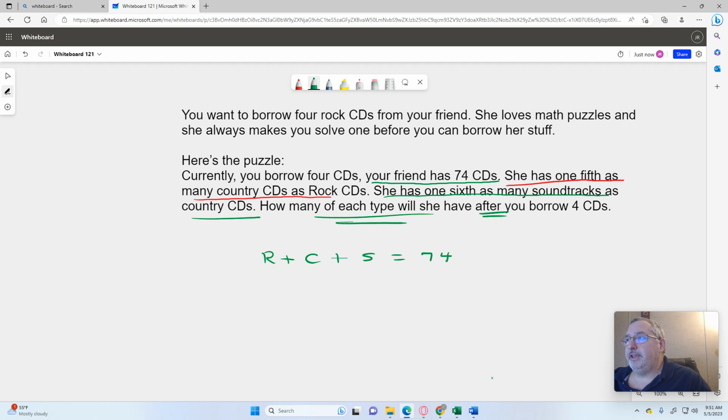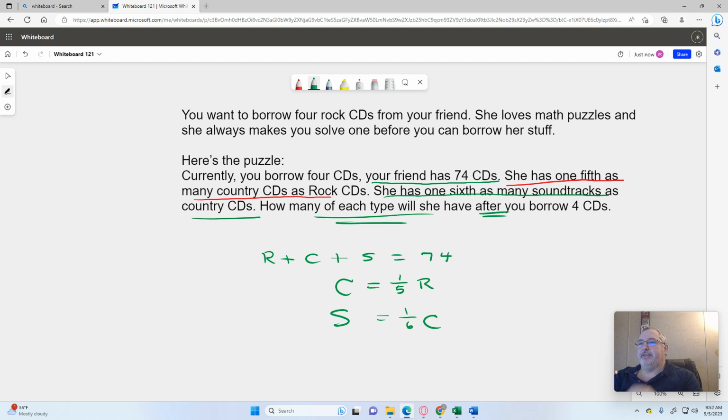She has 1/5 as many country as rock. So if you take the rock and find 1/5 of them, that's how many country CDs she has. She has 1/5 of the rock CDs. This one, she has 1/6 as many soundtracks as country. So soundtracks will equal 1/6 of country.